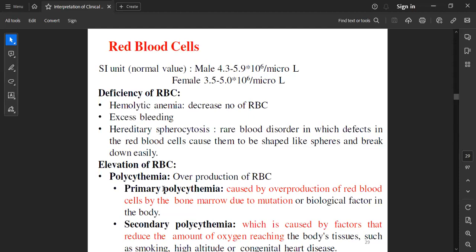Primary is maybe due to overproduction of red blood cells by the bone marrow due to a mutation or a biological factor in the body, or secondary due to reduction in the amount of oxygen reaching the body tissues. Maybe you've gone mountain climbing, or you're a smoker. Your body will try to increase your oxygen carrying capacity, so it will make more red blood cells.